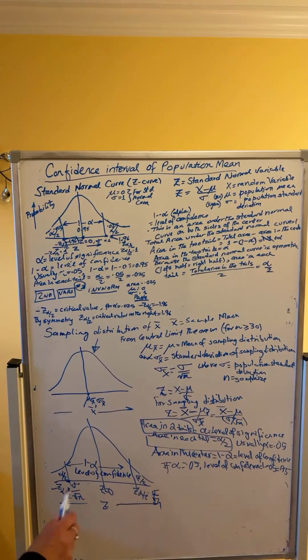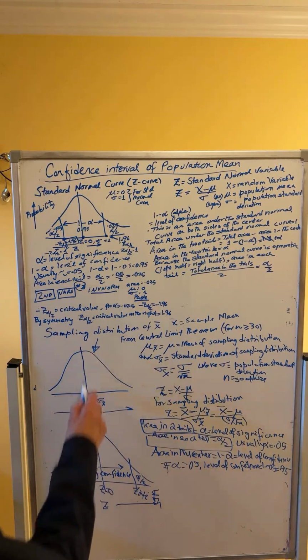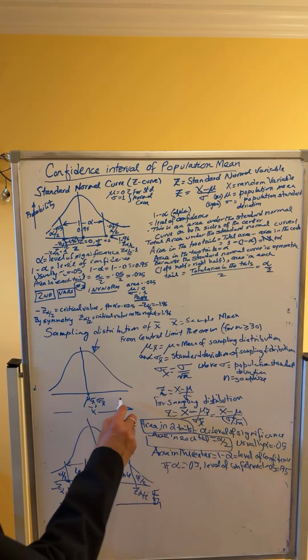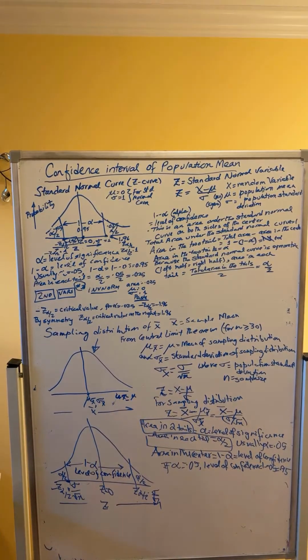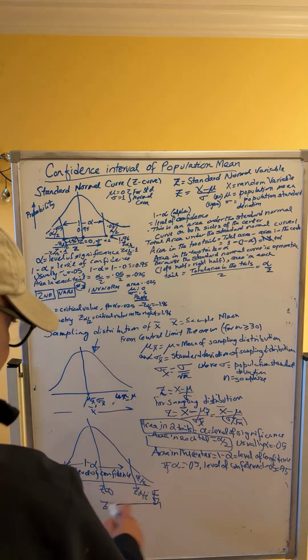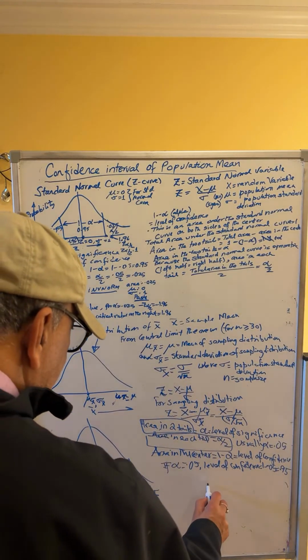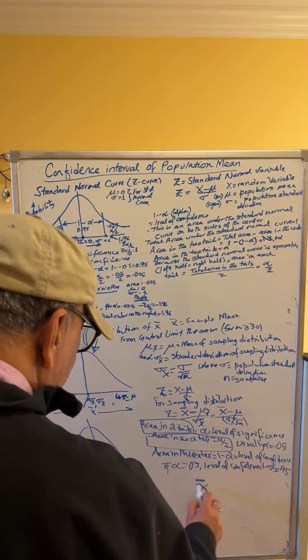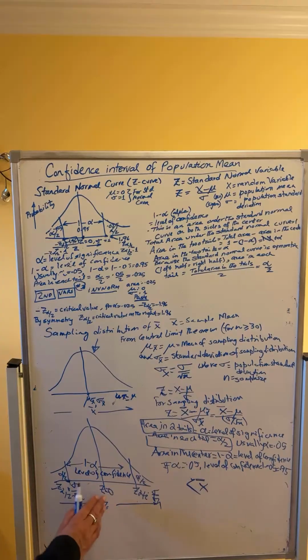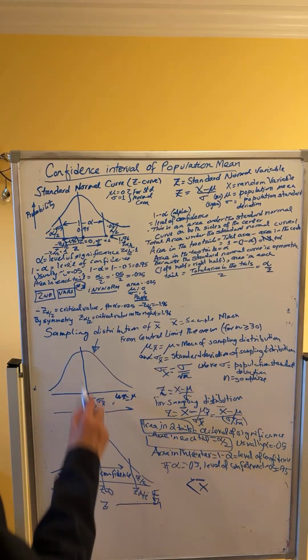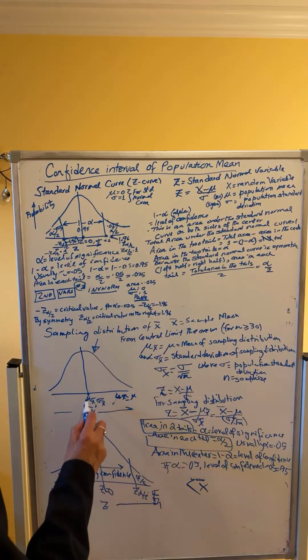That means the center, as you know, is mu x bar, and you also know mu x bar is equal to mu, the population mean. In the standard normal curve the center is z equal to 0, but in the sampling distribution curve the center is mu.